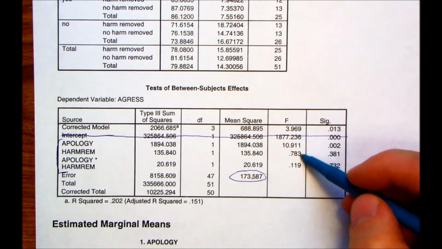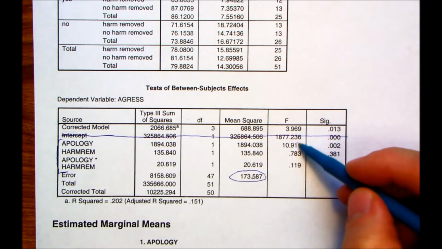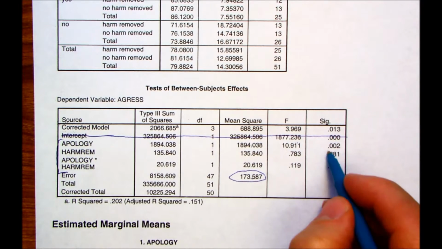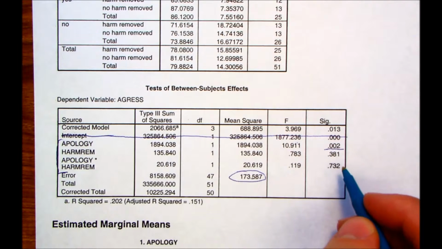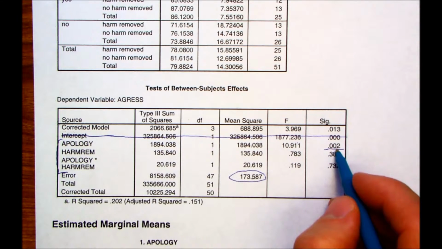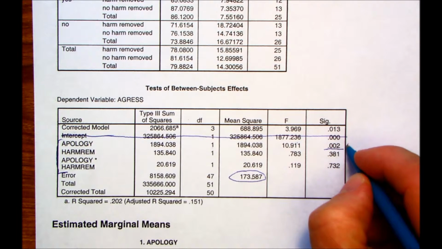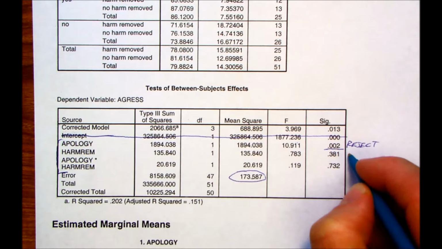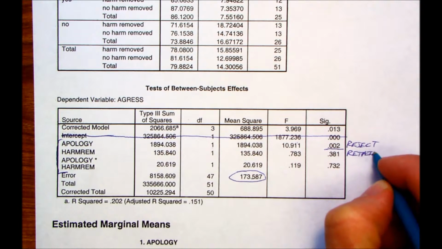We look at the F ratios. We've got a pretty large F ratio here for the apology condition, much smaller for the other two. And then when we look at the significance level, we see here it's less than 0.05. And so for this one, we would reject the null hypothesis, okay? And for these, we would retain, right? They're above 0.05.